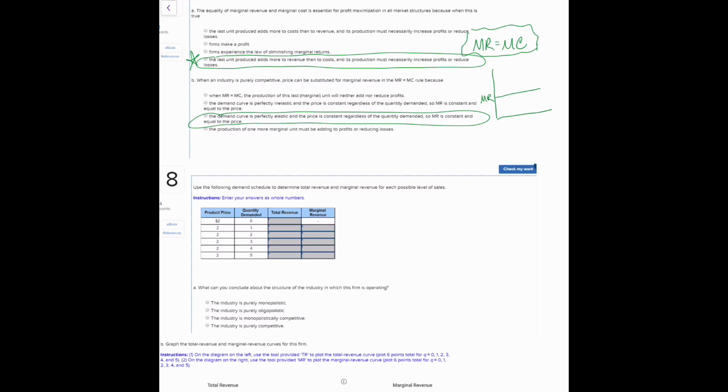And the idea here is that if price changed, the perfectly competitive firm would lose all of its customers to another firm. So there's no benefit in lowering their price, and if they raised price, they would lose all of their customers to the competition because the competition is based purely on price, and the firm has no ability to control the market price. So the demand curve is perfectly elastic, and the price is constant, so it doesn't affect output at all.